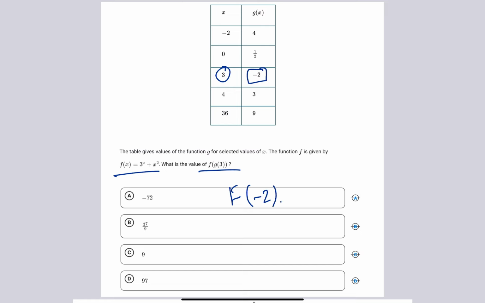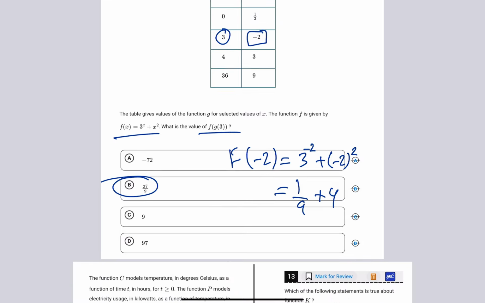And then you just simply take negative 2 and plug it into f of x. And your answer is definitely a fraction, which is option B. That's it. Because 9 times 4 is 36. Adding it to 1 is 37.